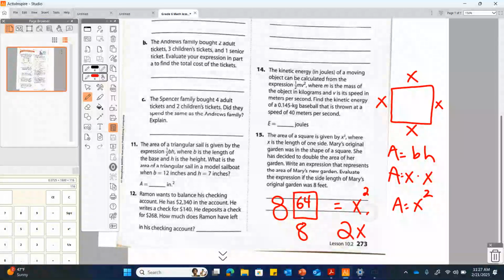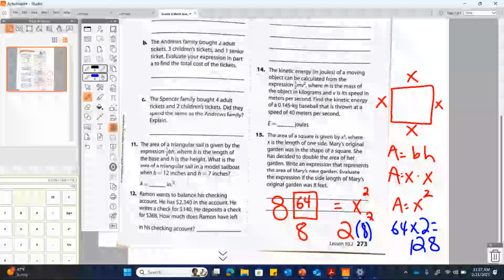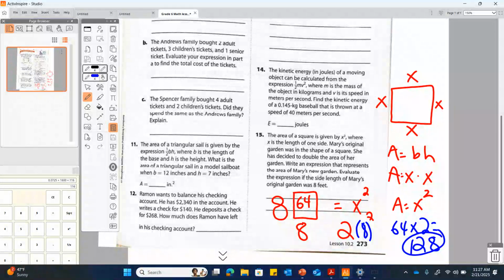And what they're saying is if you solve that, so if you take out the x and put in 8, 8 to the second power is 64, and then 64 times 2 is 128. So they wanted you to be able to write this expression, which is 2x squared.